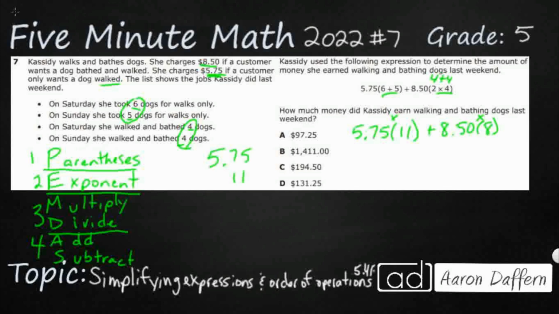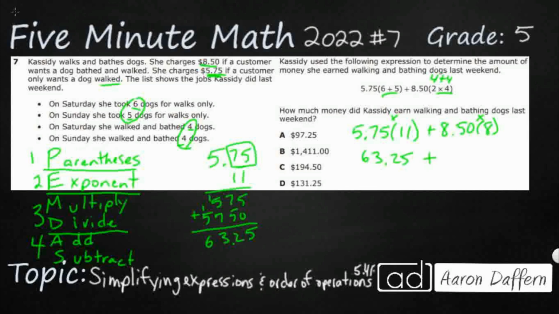575 times 11. All right, that's 575, 575, that's easy. Add it up. And that's 5, that's 12, that's 13. Now I've got 2 digits behind the decimal in that factor, so I need 2 digits behind the decimal. So this is really 63.25.